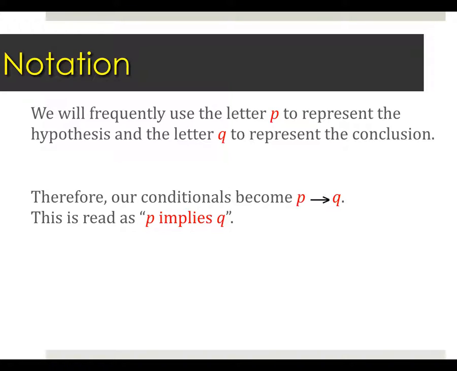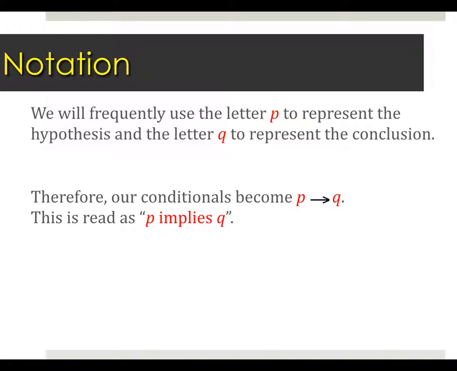So one of the first things we do is instead of writing out a big long sentence like, if today is Monday, then yesterday was the weekend, we started using letters like P and Q to represent the hypothesis and the conclusion. We can also use this notation. The arrow means implies.